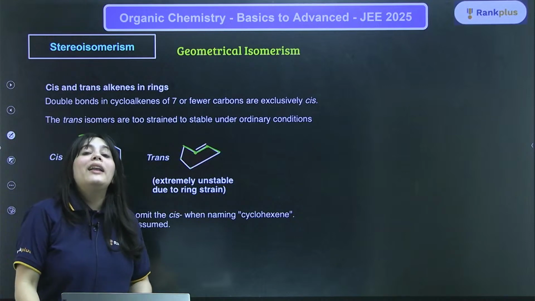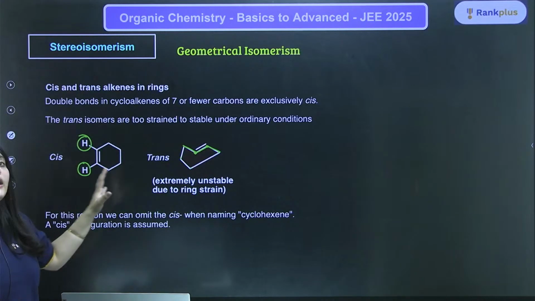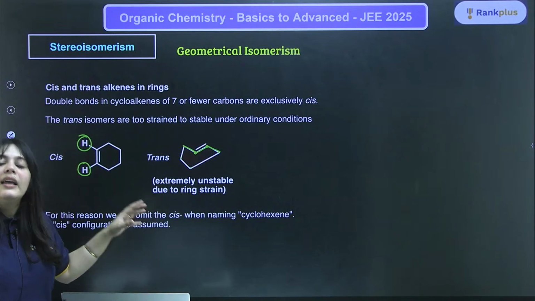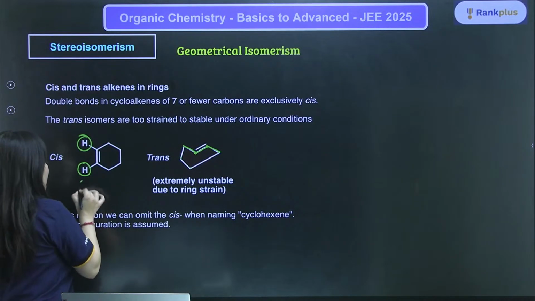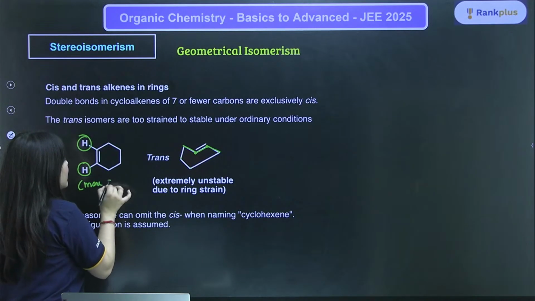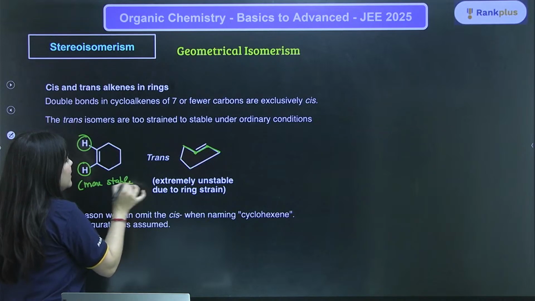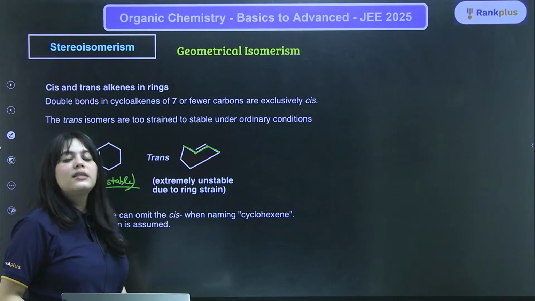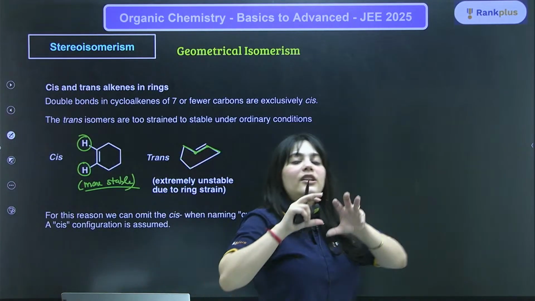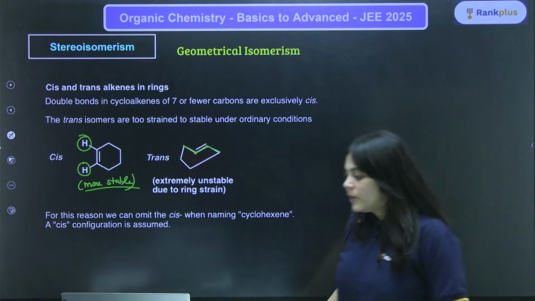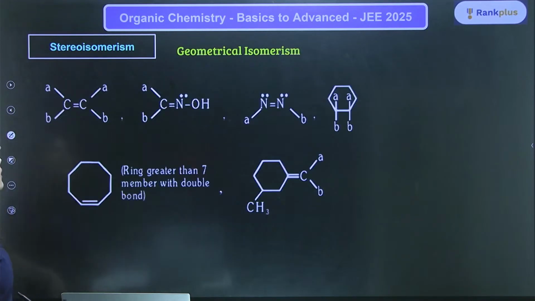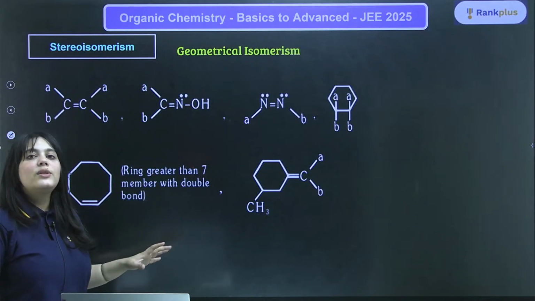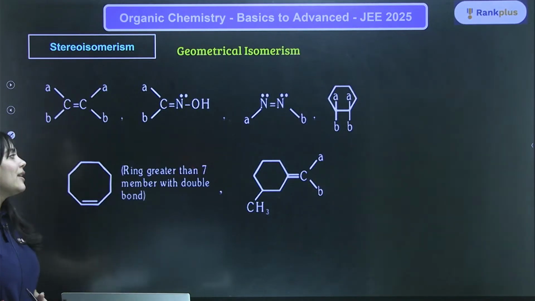So if you are comparing cis and trans isomers of rings, then in rings the cis isomer is actually more stable. Is this thing clear? In rings cis is more stable, but in chains the trans isomer is more stable, right?